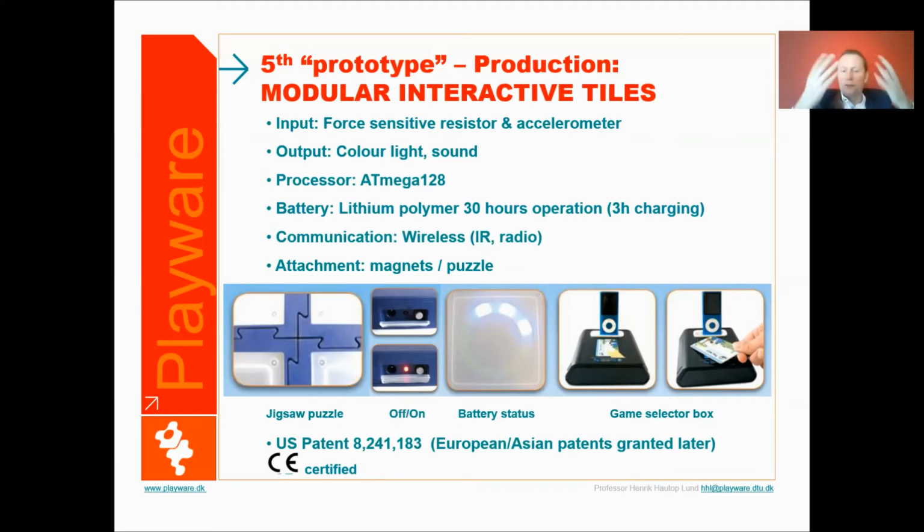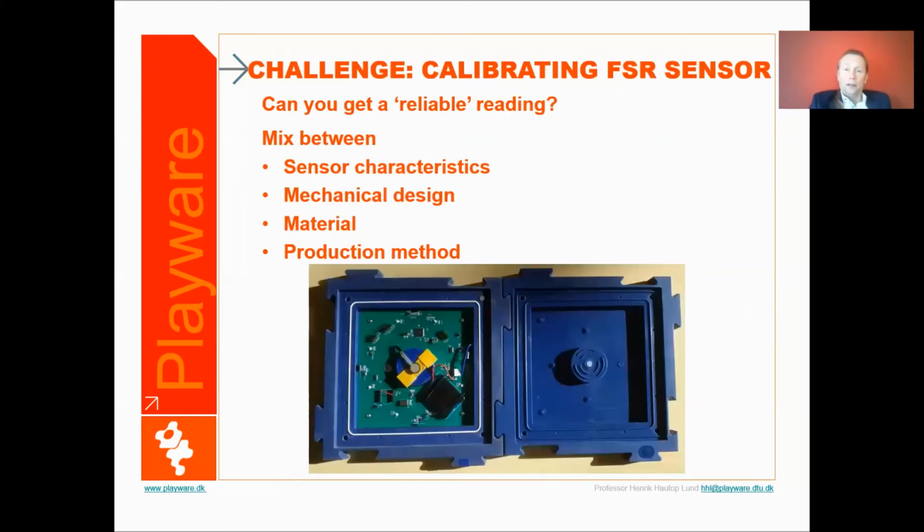And we would have to go through the process of getting the patent. At that point, we had the US patent, and then later we would get granted the European and Asian patent, and have the product CE certified so it could be used out in the market.